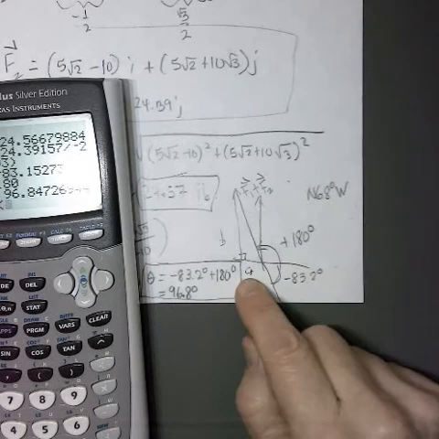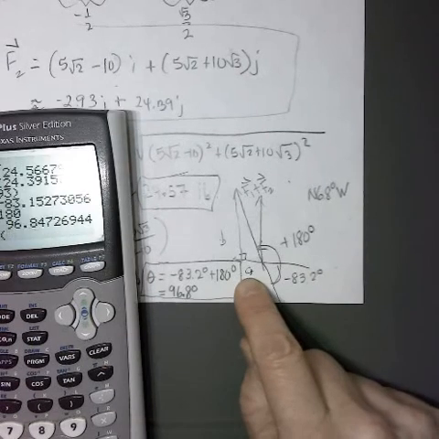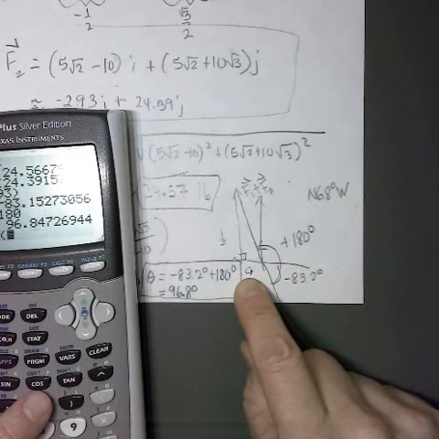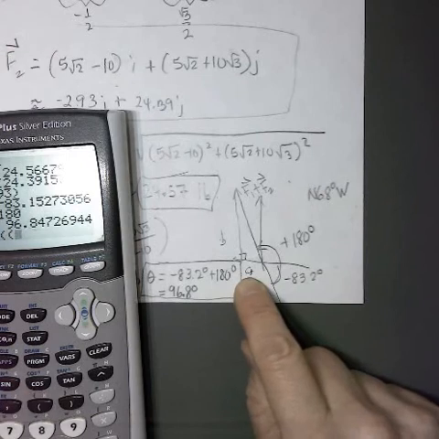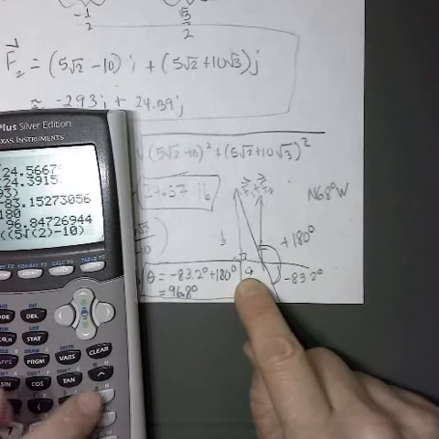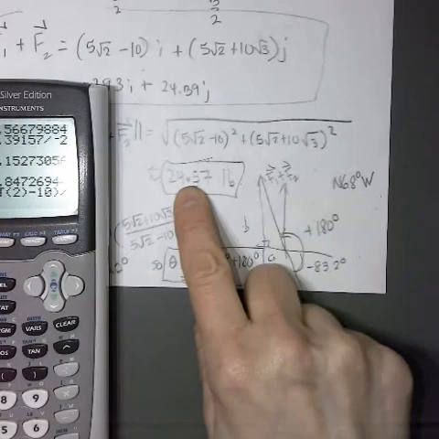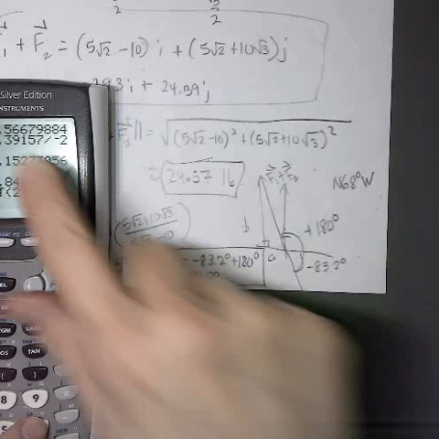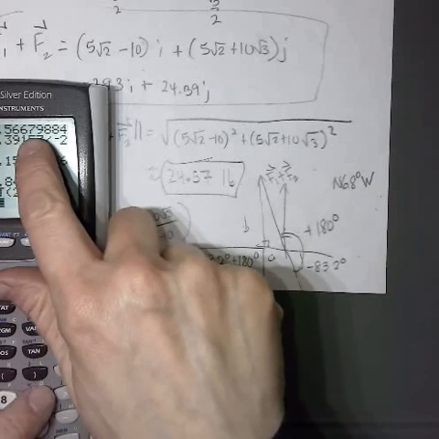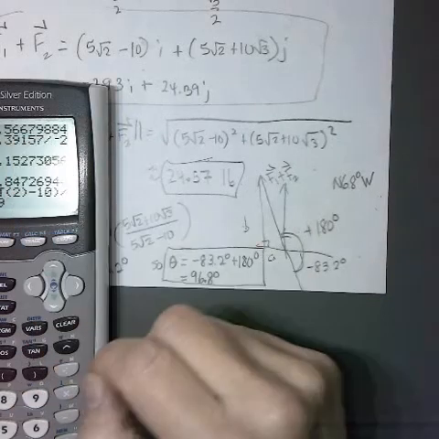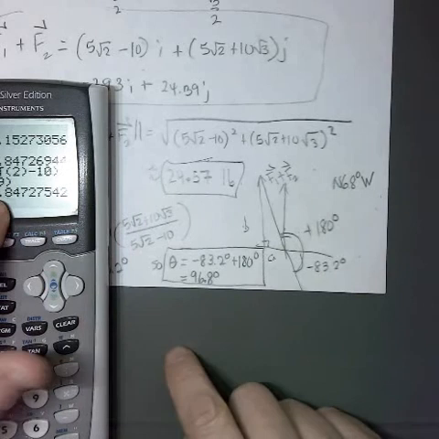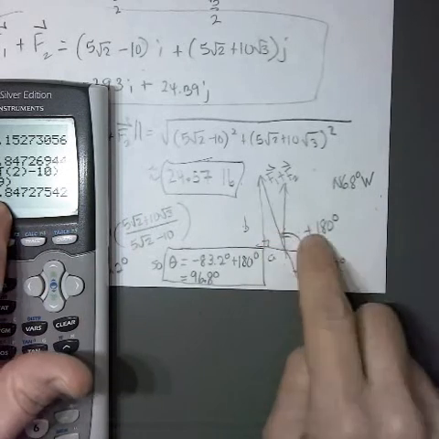So I'll just use this: 5 radical 2 minus 10 divided by the magnitude, 24.56679. See that, and that gives you the right answer because cosine inverse comes out of quadrant 1 or quadrant 2.